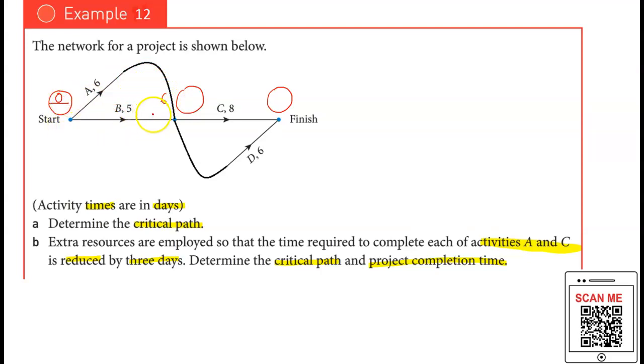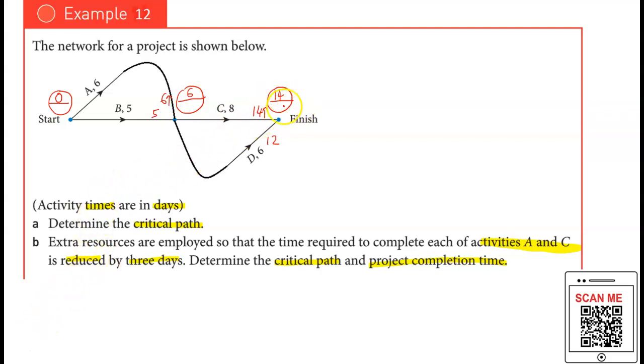So 0 plus 5 is 5. For EST, you always go for the highest value, in this case 6. So 6 plus 8, you have 14, and 6 plus 6 is 12. Between these two, I'll go for the higher value for EST, so it's 14.